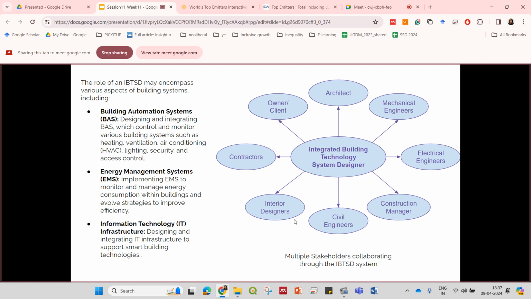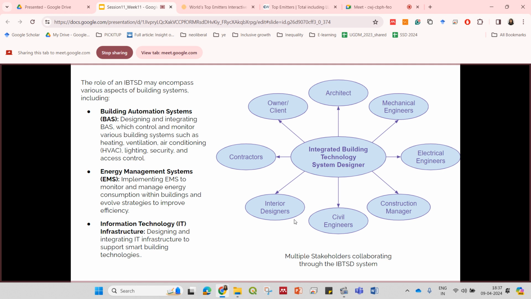So one is that. Another is the energy management system. You can implement an energy management system to monitor and manage the amount of energy that is being consumed within the building, and also learn from this data what amount of energy is being used, and what amount is getting wasted, or how you can increase the efficiency.